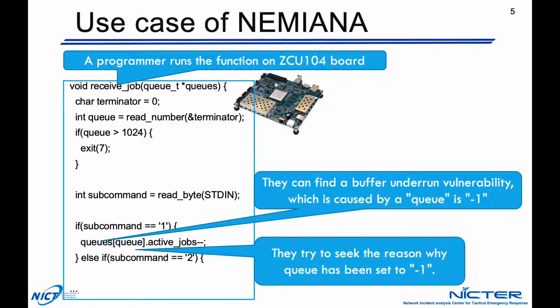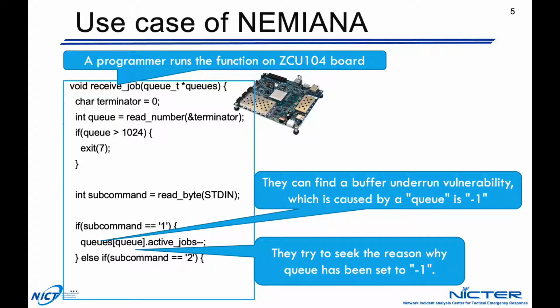In this use case, when a programmer runs the receive job function on the FPGA board, they find that stack memory has been corrupted, and they can find a buffer underrun vulnerability which is caused by a Q value of -1.